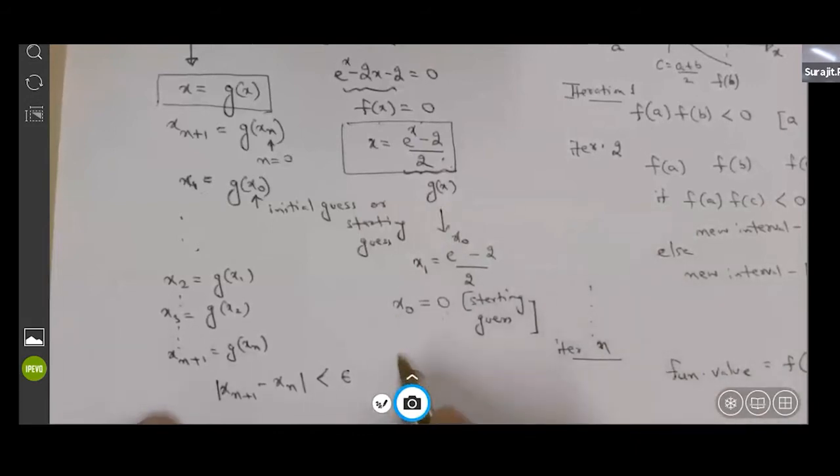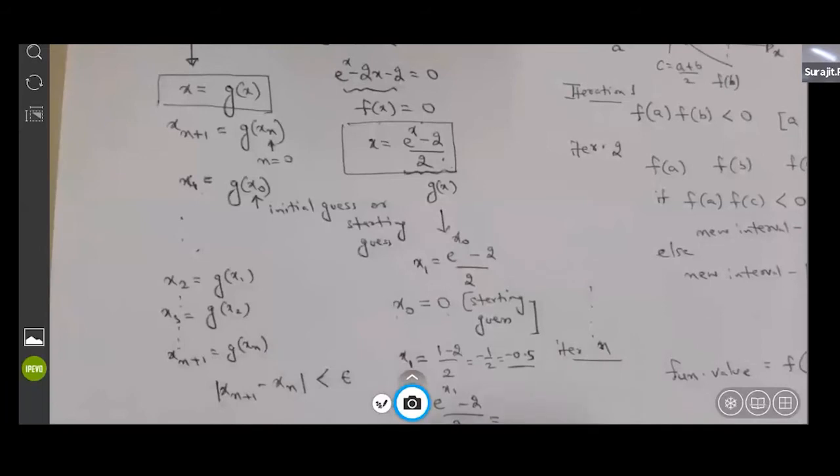Now you guys have to help me find out what x1 will be if x0 is 0. It will be 1 minus 2 divided by 2, which is minus half, minus 0.5, isn't it? Yes. X2 would be e of x1 minus 2 divided by 2, where x1 is minus 0.5.